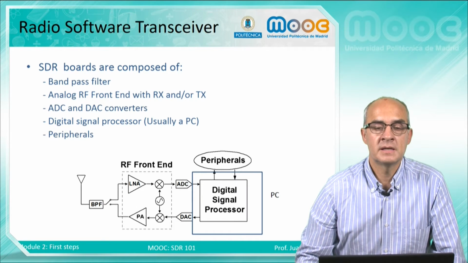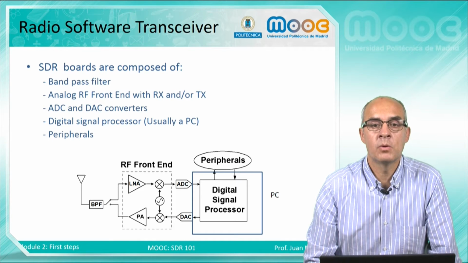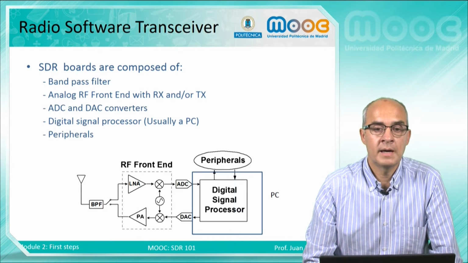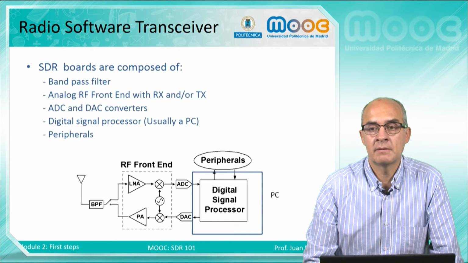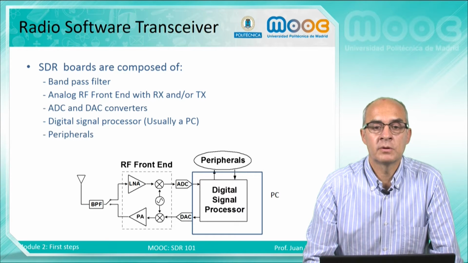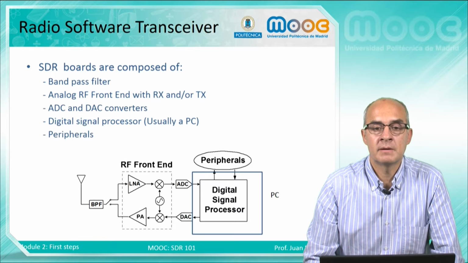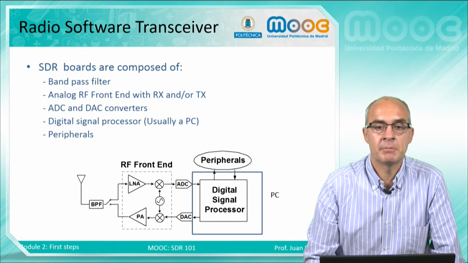This is the general configuration of a software-defined radio board. The board has first a bandpass filter to select the desired frequency band, and then it has an RF front end, which is composed of a receiver and transmitter part.